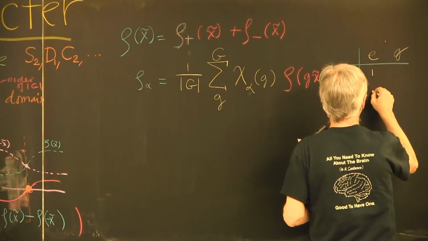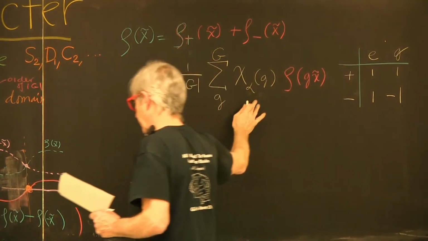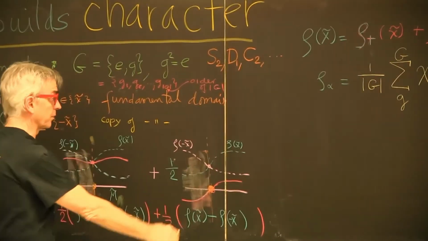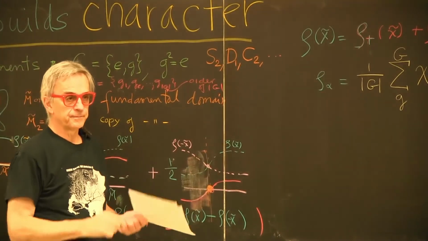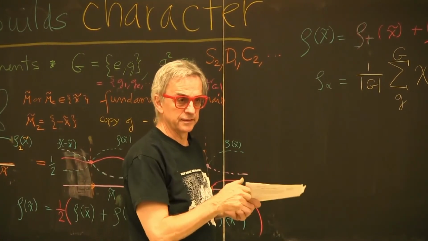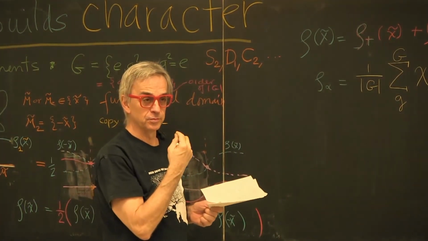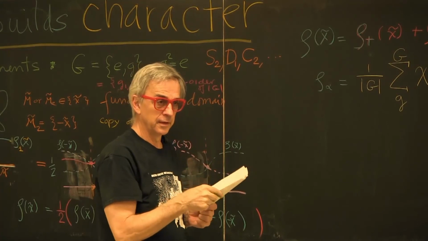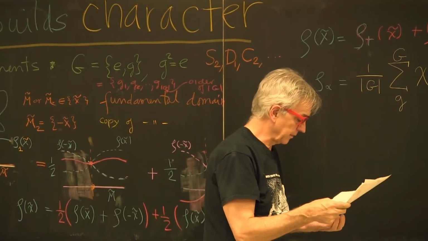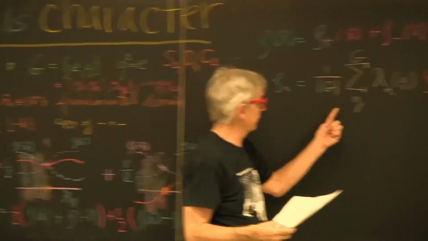And this is 1, 1, 1, minus 1. So if I stick these numbers in here, I reproduce these formulas. So this is overkill because you don't need this fancy notation, but now I'll do it for 3 elements rather than 2. You'll find it more useful. And the theory of irreducible representations of finite groups will have this structure.